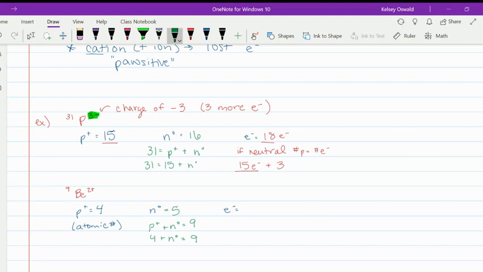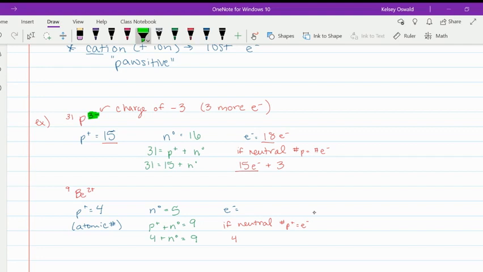Okay, that leaves us with our electrons. So this is where we're really focusing with our ions. So just like before, if we were neutral, that means our number of protons and our number of electrons would be the same. So if we were neutral, in this example, we would have 4 protons, meaning we would have 4 electrons if we were neutral.